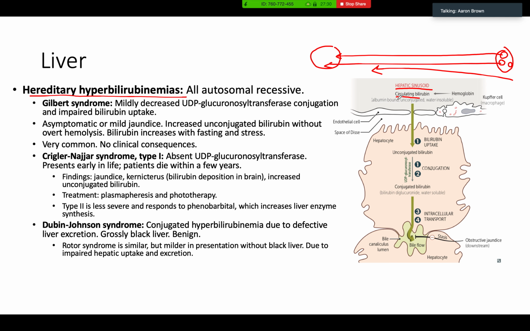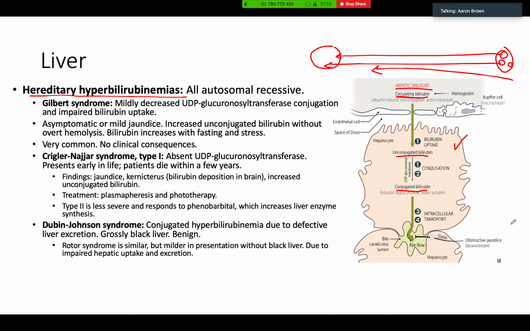As it's passing, we're going to have circulating bilirubin in the blood. And part of the job of the liver is to take out any of that bilirubin. That's a big, big job of the liver. And so bilirubin will be taken up into cells. Those cells will conjugate unconjugated bilirubin to conjugated bilirubin. Great.